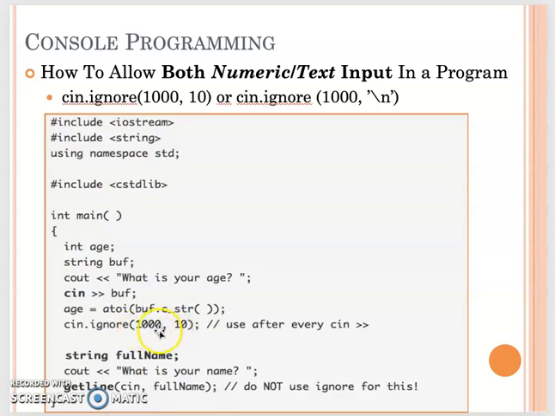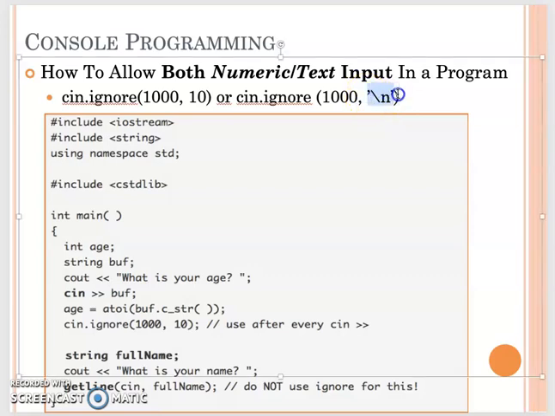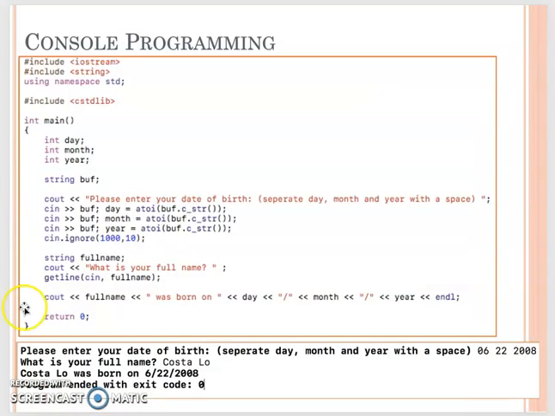This 1000 just means maybe sometimes you have many newlines, so we put at most 1000. Then this 10 is actually the ASCII code for the newline. So that's how we can skip the newline. Either way is fine. So you can correct your Example 1 by adding the cin.ignore. Then you will see your output is correct.